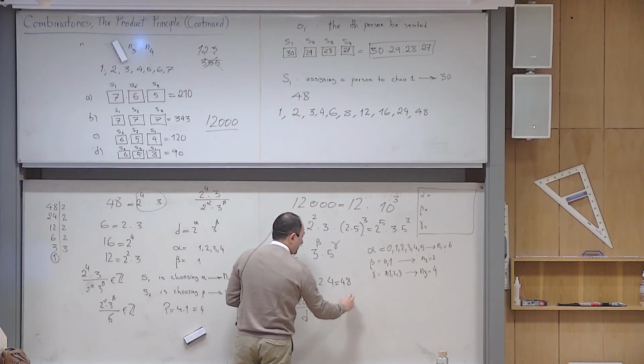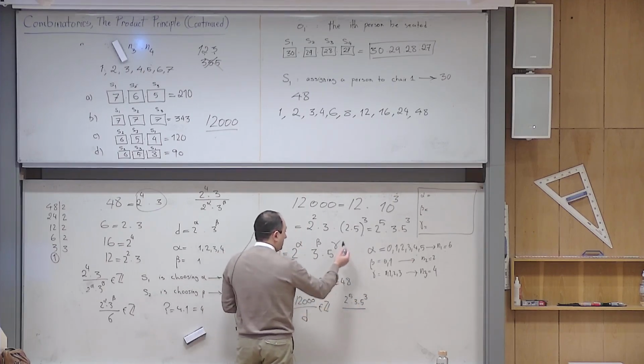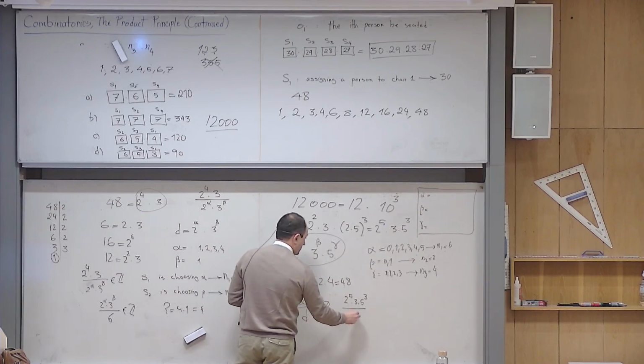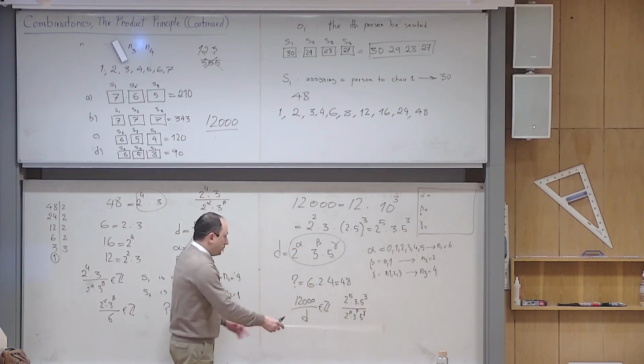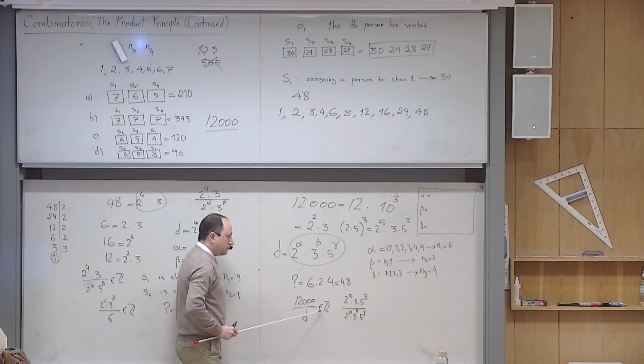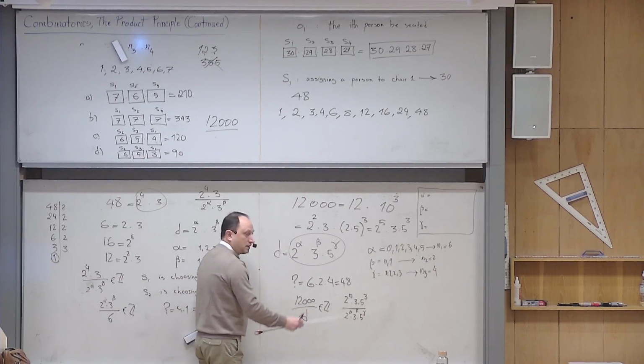So this means 2 to the power of 5 times 3 times 5 to the power of 3 is divided by d, and d has this form: 2 to the alpha times 3 to the beta times 5 to the power of gamma. We want to choose alpha, beta, and gamma so that this can be simplified to an integer. So this means alpha is at most 5, beta is at most 1, gamma is at most 3. That is the list that I wrote here.